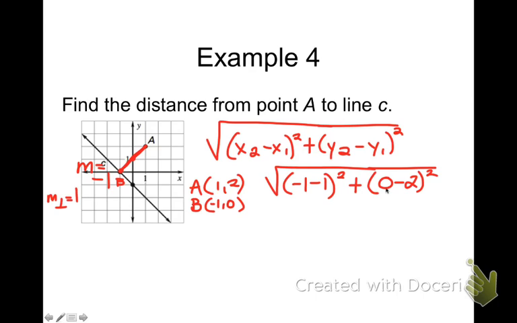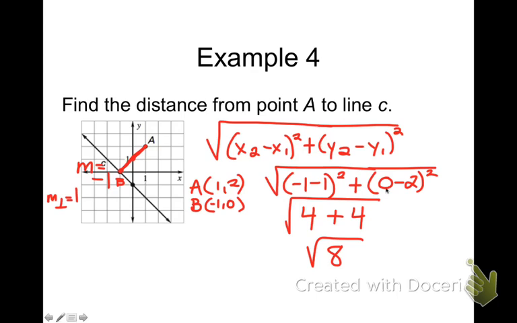Squared. All right, order of operations tells us to work inside parentheses before we do exponents. So -1 and -1 makes -2. -2 squared is +4. 0 minus 2 is -2. -2 squared is +4. 4 plus 4 is 8. Square root of 8. Do you guys remember simplifying your radicals?